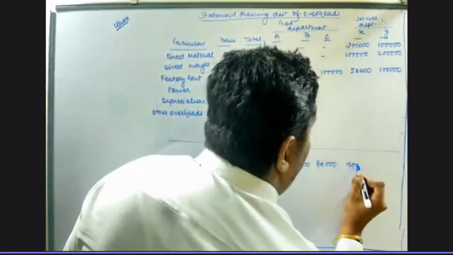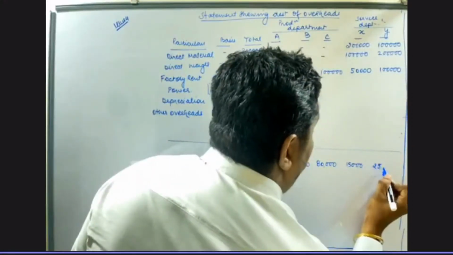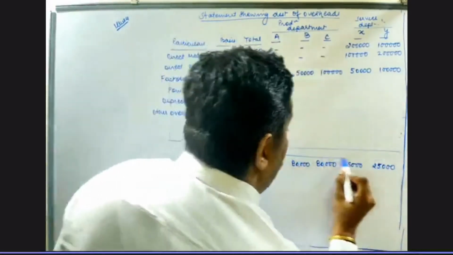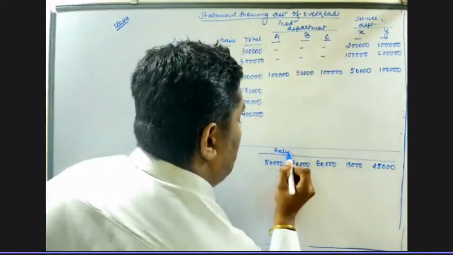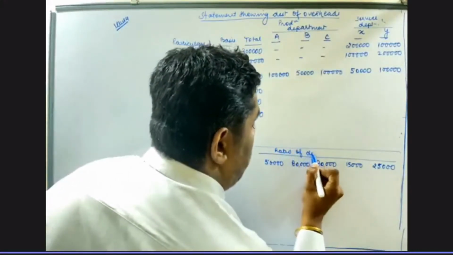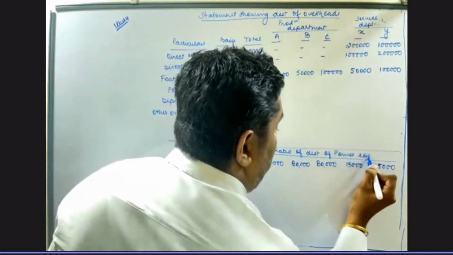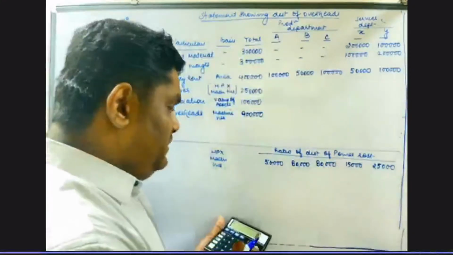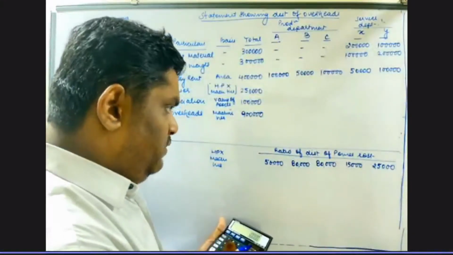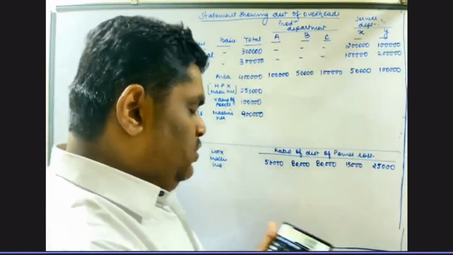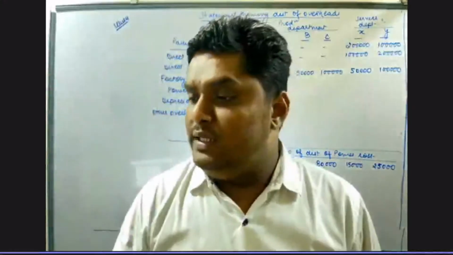Then 15,000 and 25,000. This will be the ratio of distribution of power. So the total amount is 80,000 plus 50,000 plus 80,000 plus 15,000 plus 25,000. So the power cost will be distributed in this ratio, and herein the power cost is only 2,50,000.